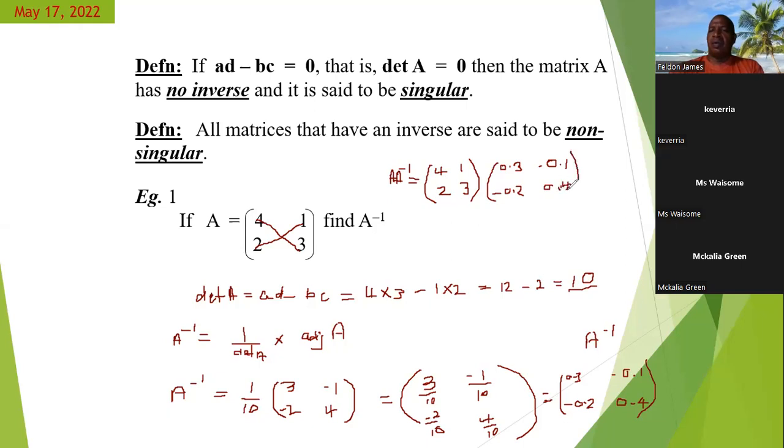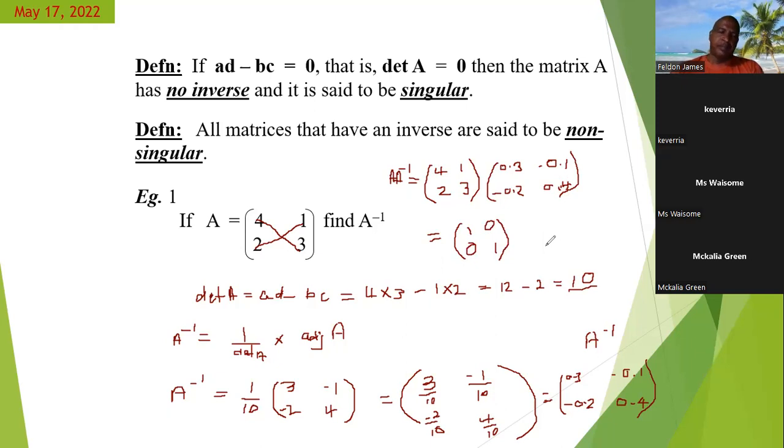Now, when you multiply these two matrices together, you should get the identity matrix 1, 0, 0, 1. If you do your multiplication and you don't get that, then something is wrong.